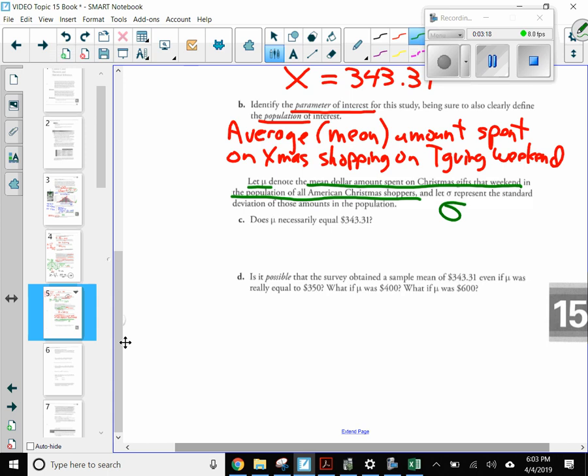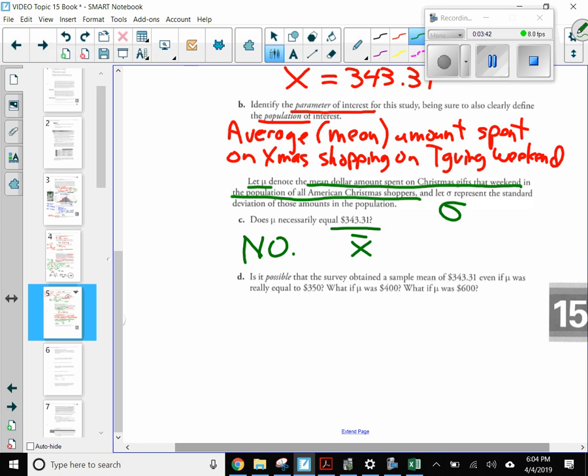Does mu necessarily equal 343.31? Well, 343.31 is our x bar. It is a statistic. It comes from a specific sample. We don't really know what mu is. The population is too large. There's no way we could actually find it exactly.